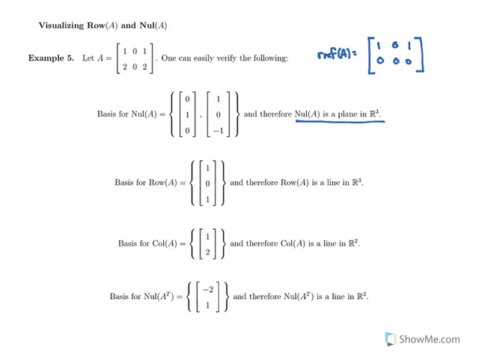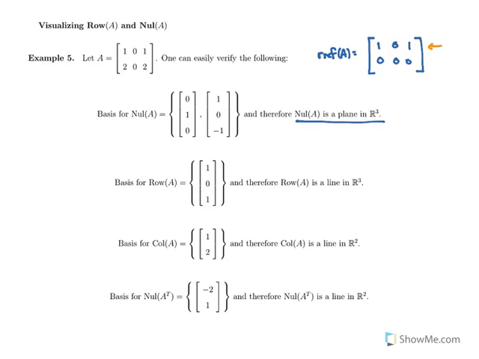If we think about the row space of A, it's going to be all of the non-zero rows of A, and we can represent them as column vectors if we want. So the non-zero row here is 1, 0, 1. We're representing it as a column vector, and therefore the row space of A is a line in R3.